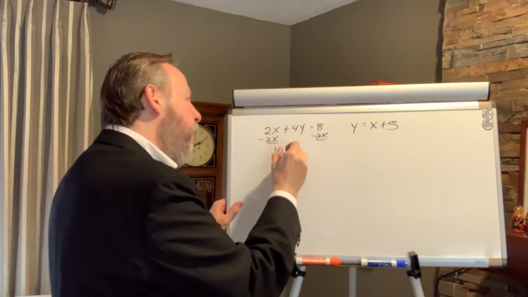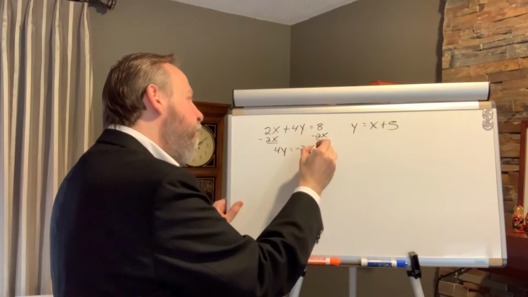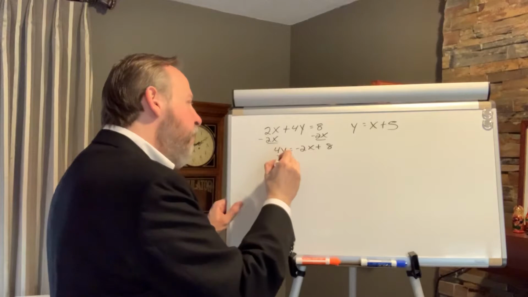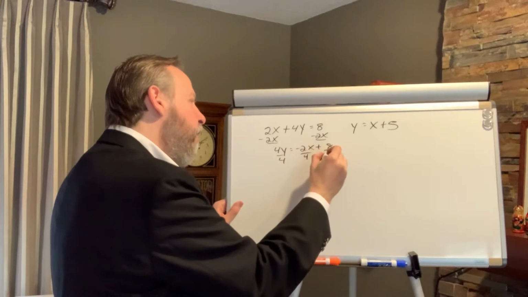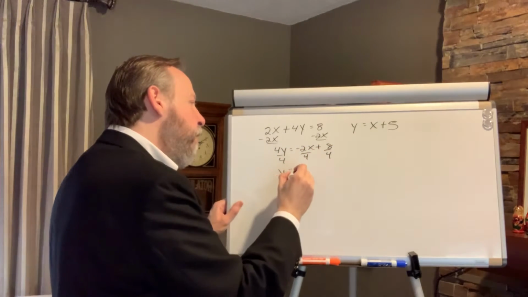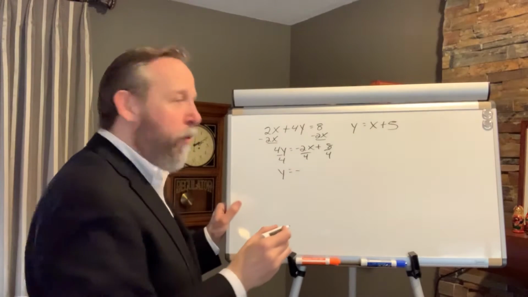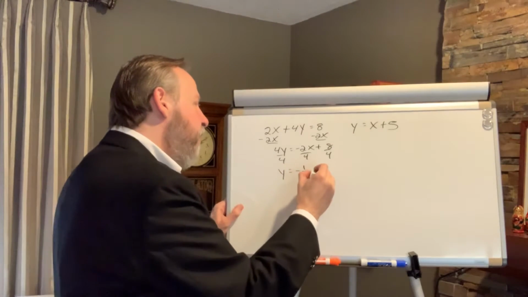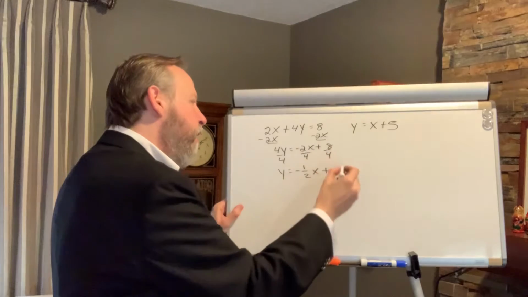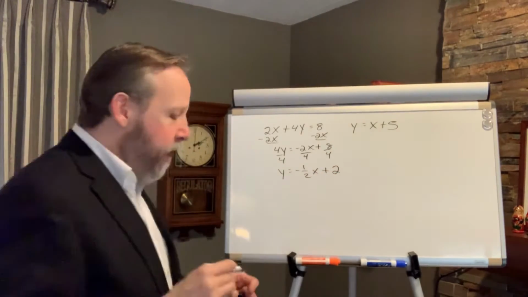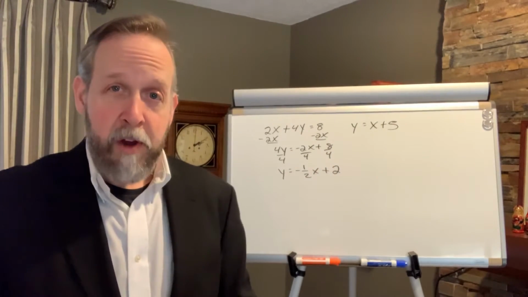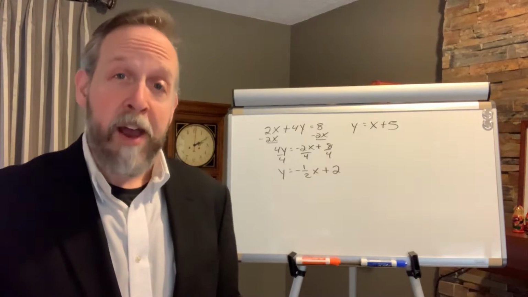I get 4y equals negative 2x plus 8. Then I'm going to divide everything by 4. And I have y equals negative 2 over 4, which is just 1/2, x plus 8 divided by 4 is 2. At this point, both of the lines are in slope-intercept form, and I can graph them.